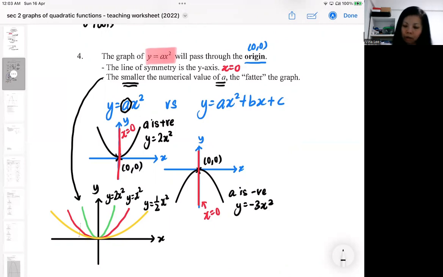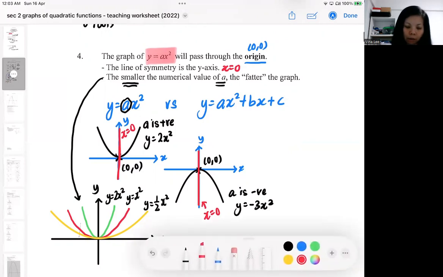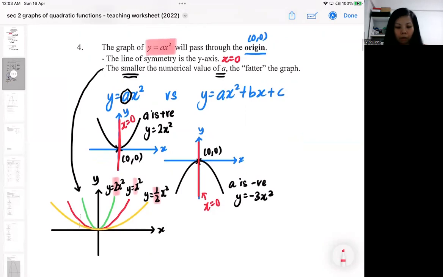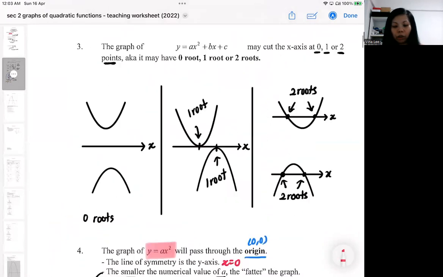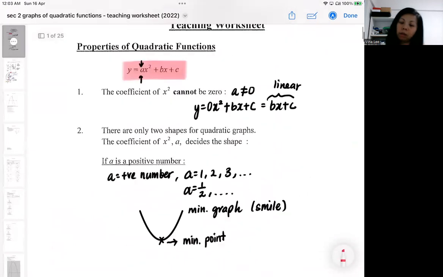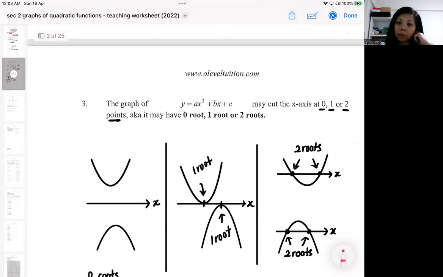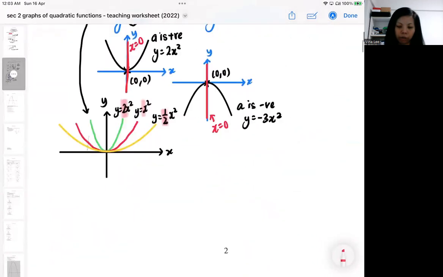Can you compare the value of a? a is 2, a is 1, a is half. a is half is the smallest, that's why the graph is the fattest. Okay, so that is one of the features. These are all the basic properties. There will be some more basic properties as we run through more questions.